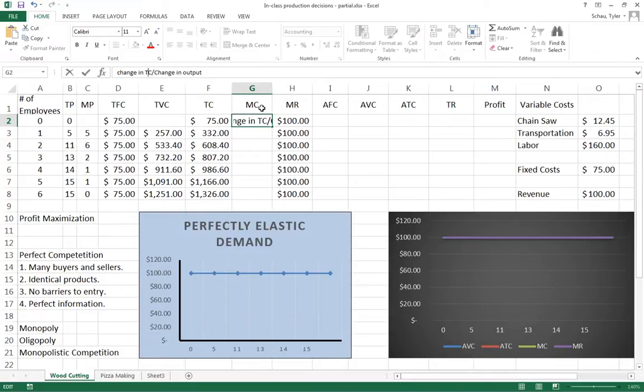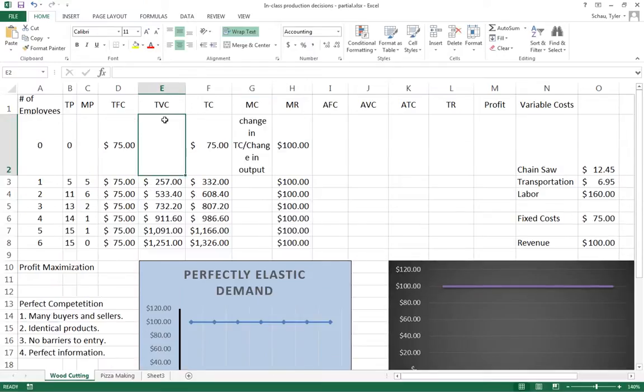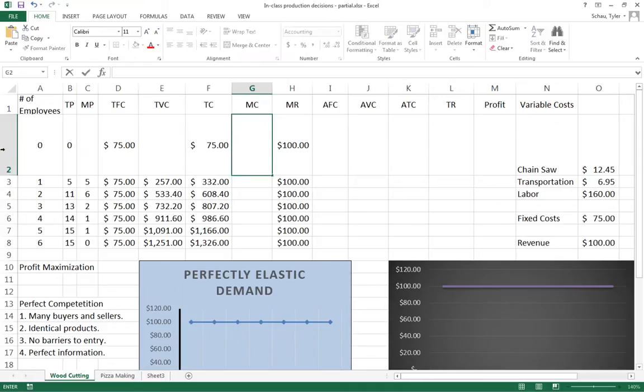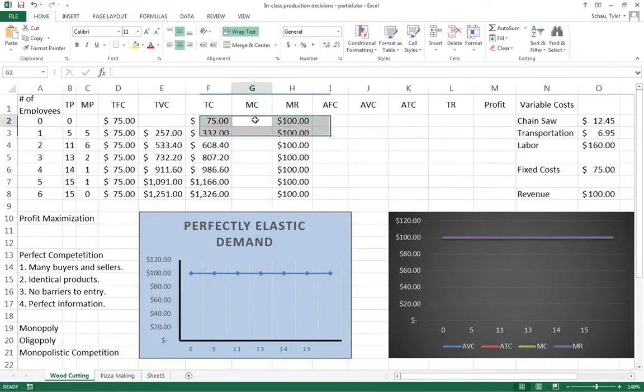The reason is the only difference between this number and this number is $75, which happens to be the same difference between this number and that, because we've got $75 in fixed costs.